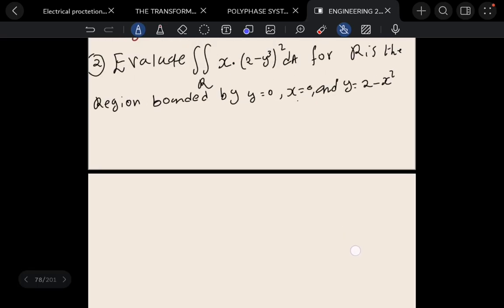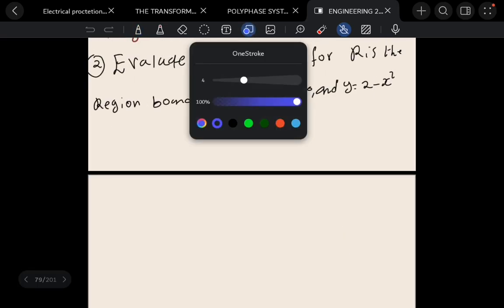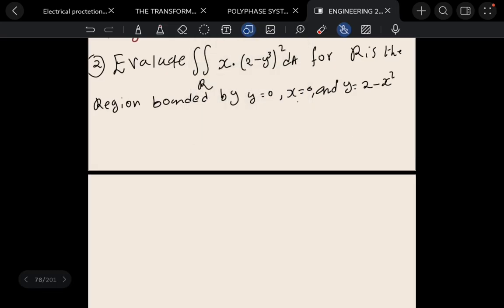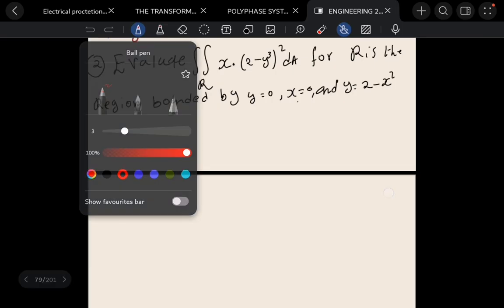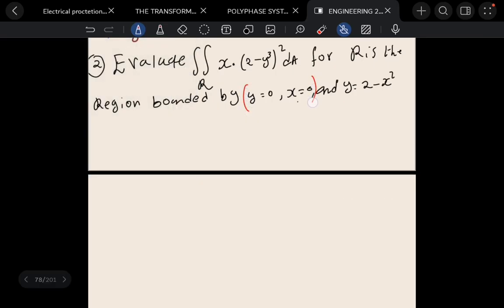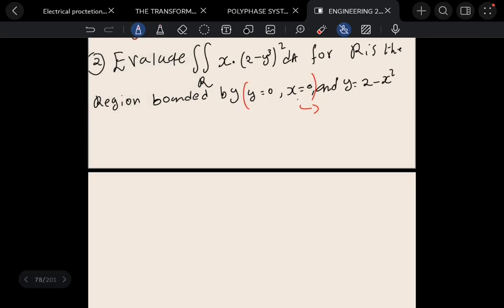Now if we draw that, by now you know that these two will represent the axes: this one will represent the x-axis, this one will represent the y-axis.